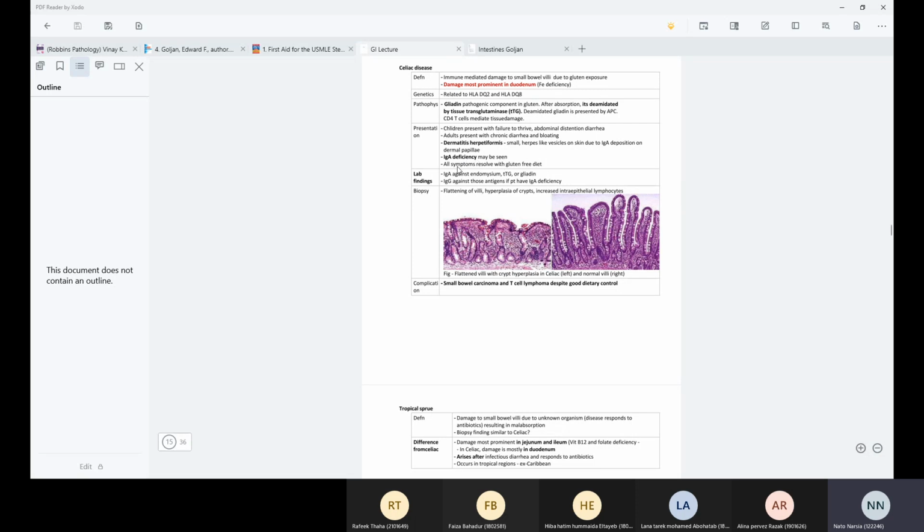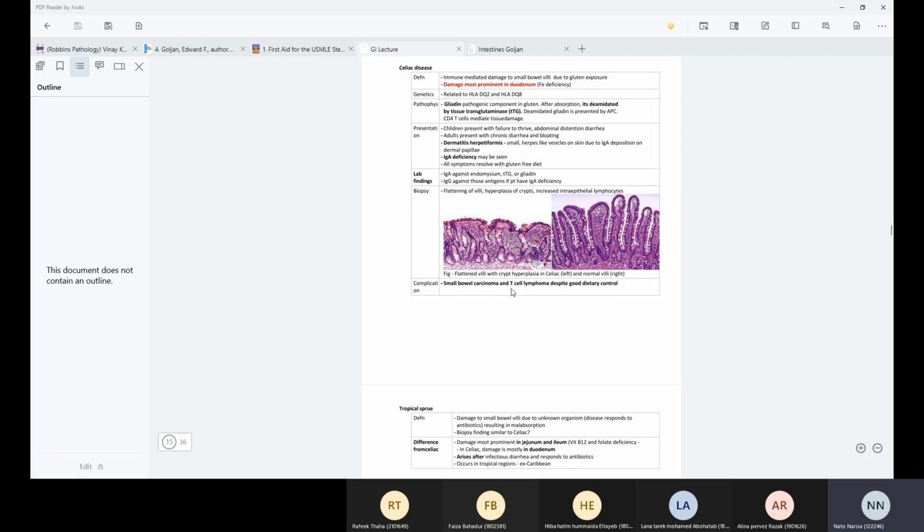Here it is written that all symptoms resolve with a gluten-free diet, but in long-term celiac disease, the question is what is the increased risk? You should know that you might have cancer: small bowel carcinoma, and T-cell lymphoma.